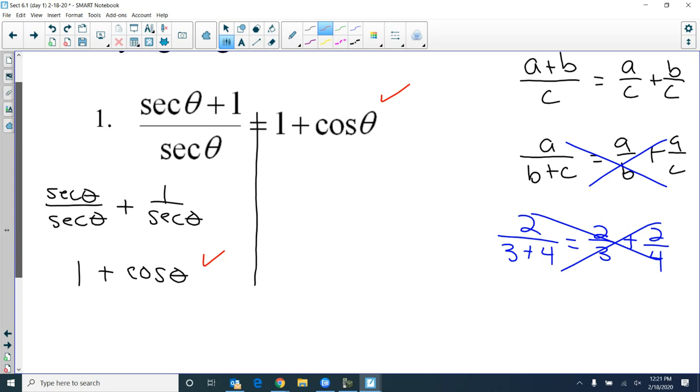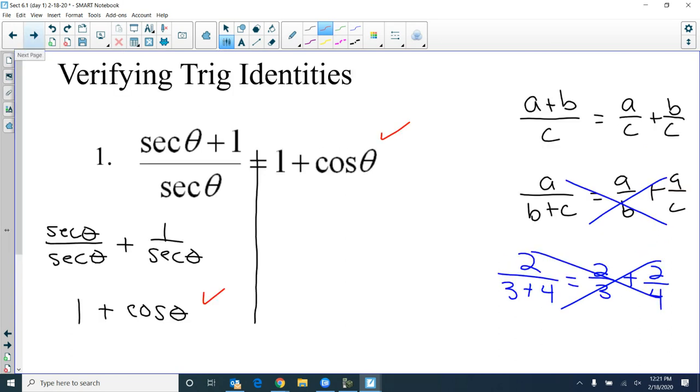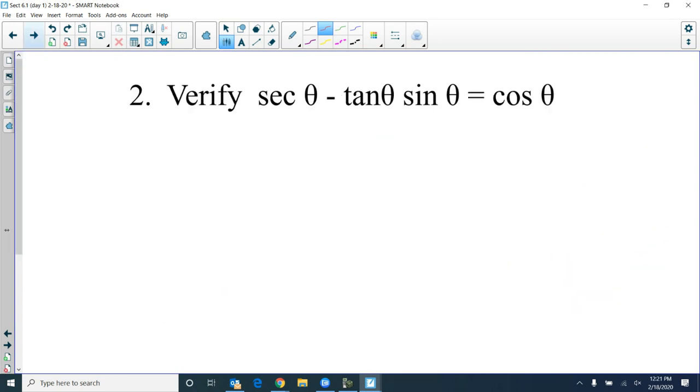All right, second one. All right, copy that down. Keep these little sheets in front of you just to kind of have a reference.